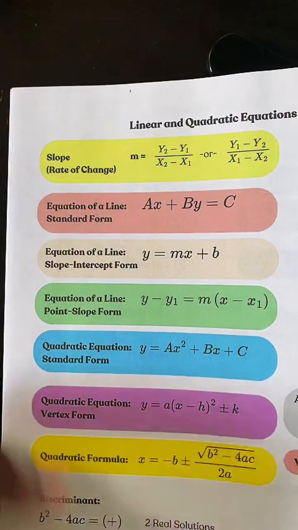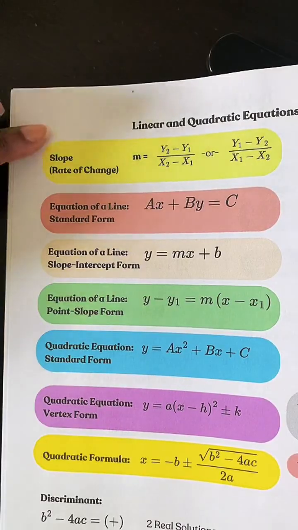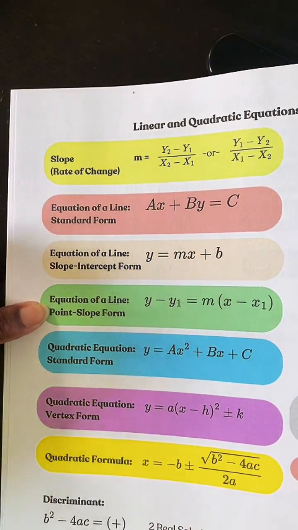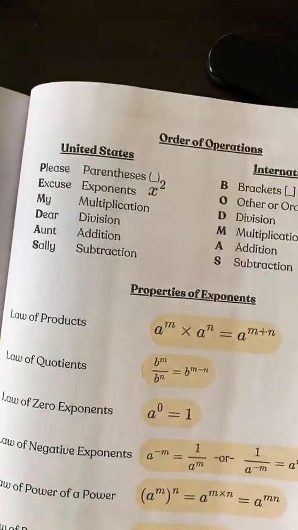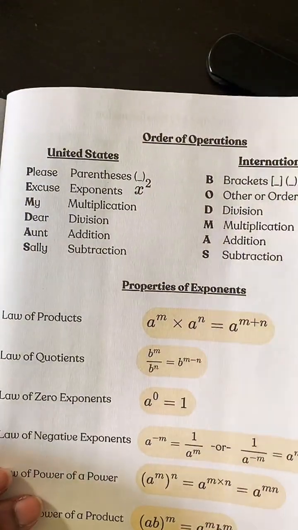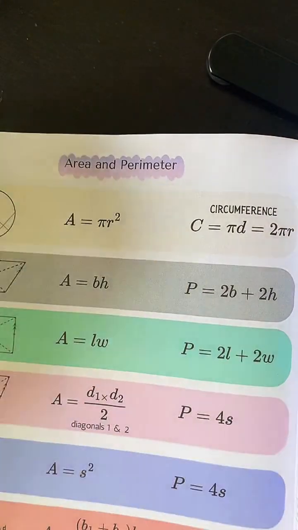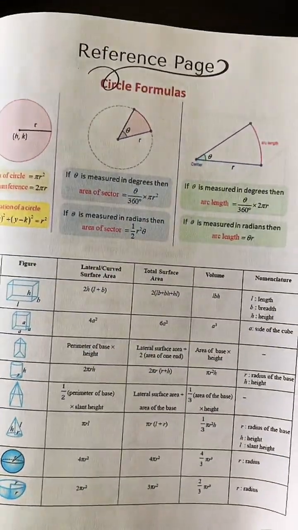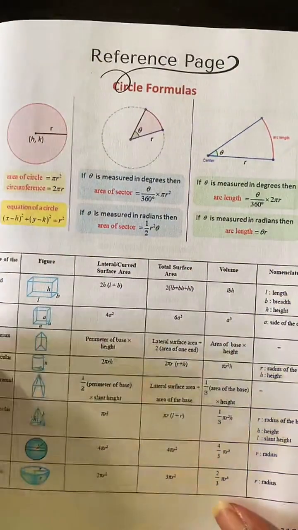Then we also took a look at slope, standard form and slope-intercept form. We did those today, and point slope. We just did a little introduction for linear and quadratic. Then we have order of operations, properties of exponents, properties of quadrilaterals, also transformation, then a little bit of geometry with the area and perimeter and all the formulas for those, as well as volume and surface area, area of a sector, which we get to later on, and arc length.